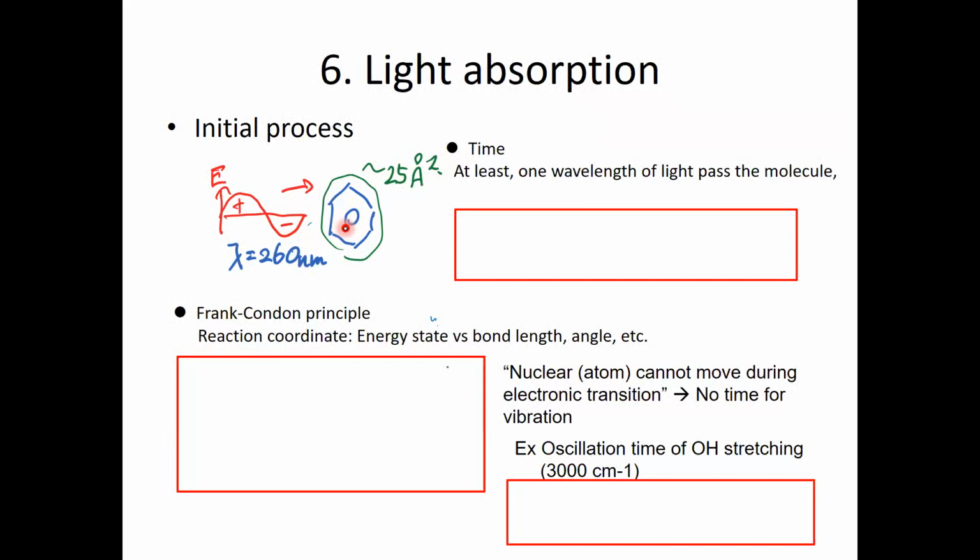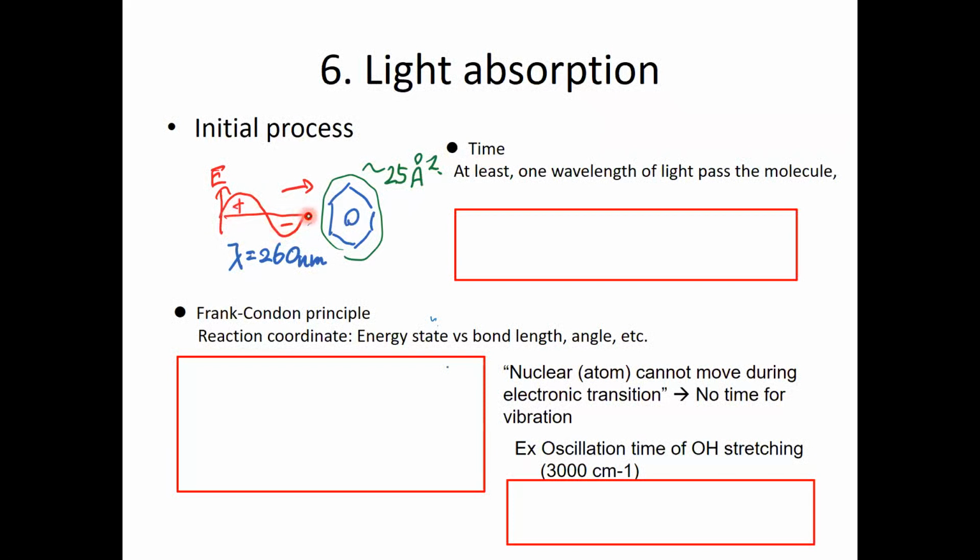And first, let's think about how the light absorption happens. The necessary time for light absorption is at least one single wavelength of light must pass through the molecule, right?